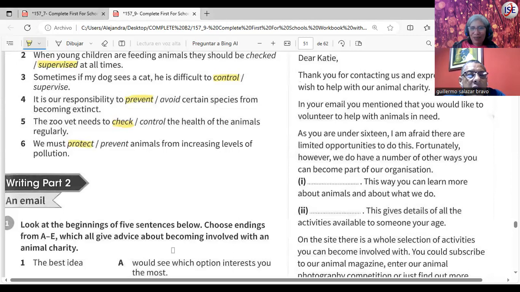Es proteger los animales, no evitar. Remember that prevent means evitar, prevenir. Okay, so it is protect. I didn't read it correctly. Prevent and protect. Only one mistake.